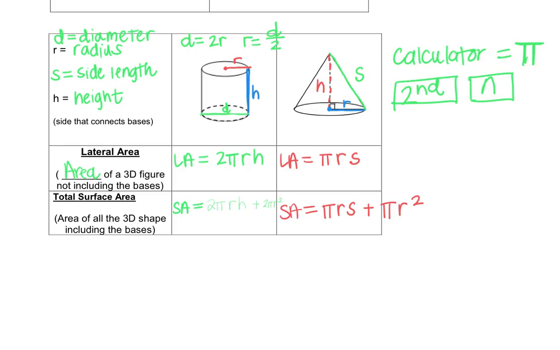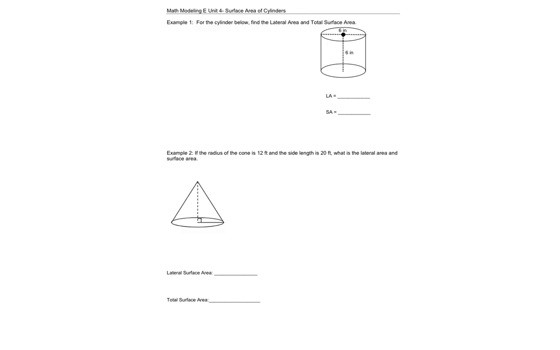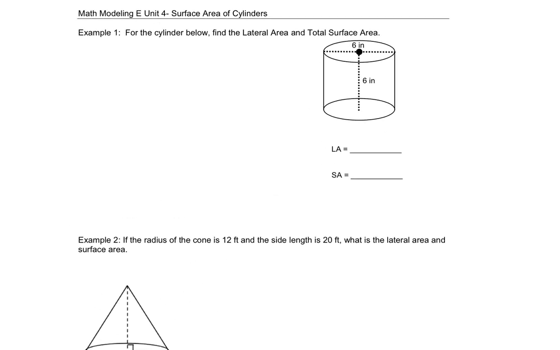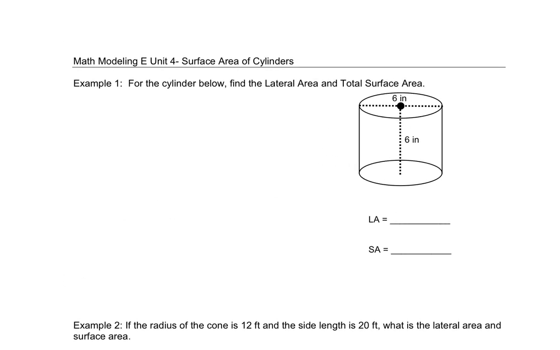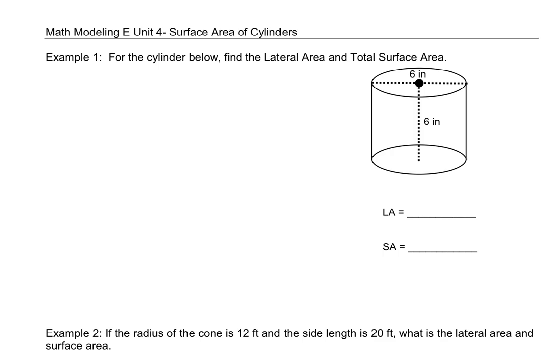All right, let's go to the back. Let's do some examples here for these cylinders and cones. So for example 1, they give us a cylinder, and they're saying find the lateral area and the total surface area.